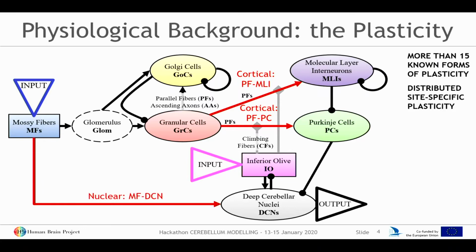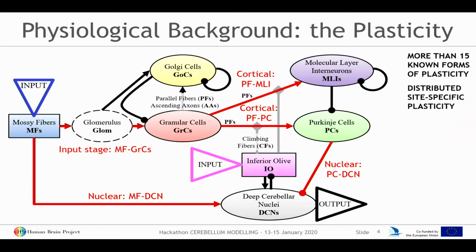Then we also have nuclear plasticities, nuclear because they involve the deep cerebellar nuclei. The first one is between the mossy fiber and the DCN, shaping the excitation of the deep cerebellar nuclei. And the second one is between Purkinje cell and DCN, shaping the inhibition coming from the Purkinje cell to the deep cerebellar nuclei.